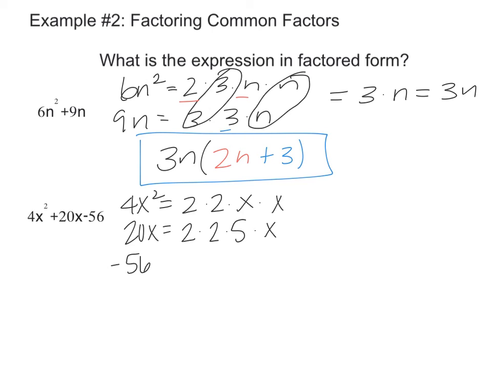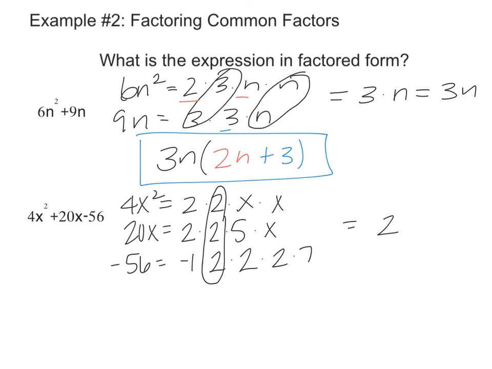And then -56, we need to take out the -1 first. And then 56 is even, so I can divide it by 2. So 2 times 28 gives you 56. So now I need to break down 28. 28 is 2 times 14, and 14 is 2 times 7. Okay, again, we want to circle what they have in common, so they all share a 2 in common, and that is it. So the greatest common factor here would be 2.